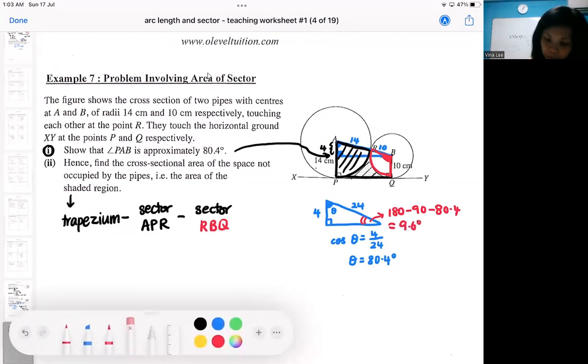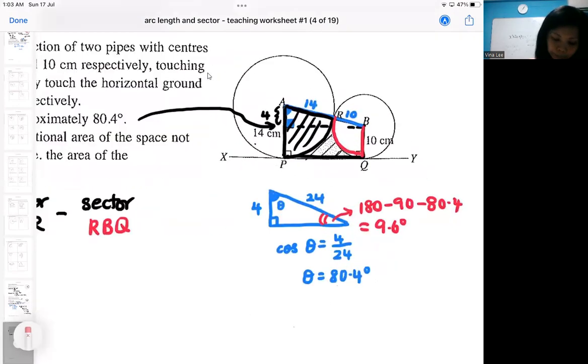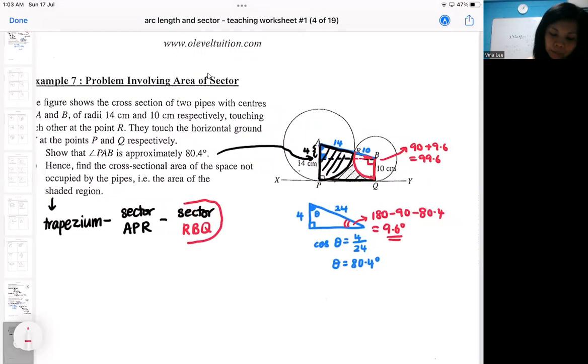So I'm not so sure whether you can see the 90 degree. So maybe I enlarge for you. So you got to find the tiny angle. So the tiny angle is the 9.6. And then you got a 90 degree here. So the angle will be 90 plus 9.6. So this is the one that you will need to find this pizza.